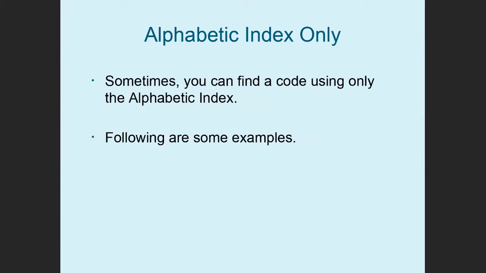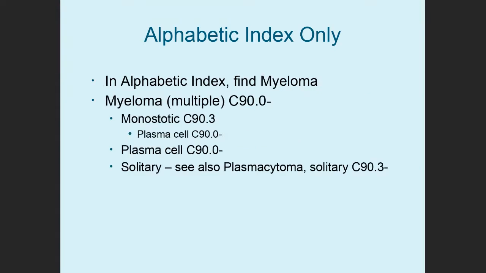Sometimes you only use the alphabetic index. Following are some examples. So in the alphabetic index, find myeloma. It says myeloma, multiple, C90.0 is the default code.